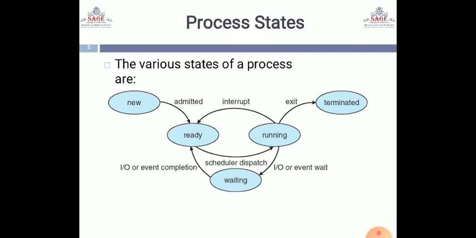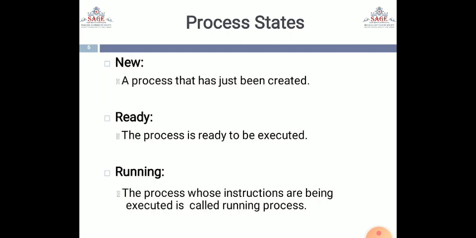Whenever the ready queue is cleared, the waiting state becomes active, and processes in the waiting queue move to the ready queue, then from the ready queue into running, and then they move to the terminated state. So this is the state diagram of a process in an operating system.